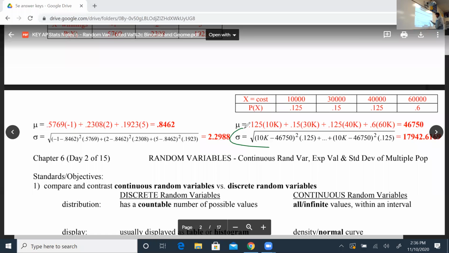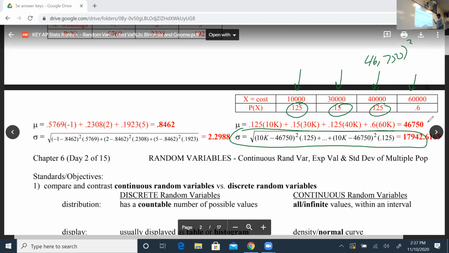You're going to take every individual number, subtract 46,750, square it, and multiply it by its individual probability. I didn't quite fit it all on there, but I think you get the idea. And at this point, maybe you just write the answer down because you know how to do this. You've done the same thing 7 times.